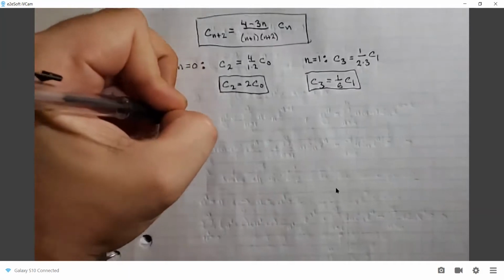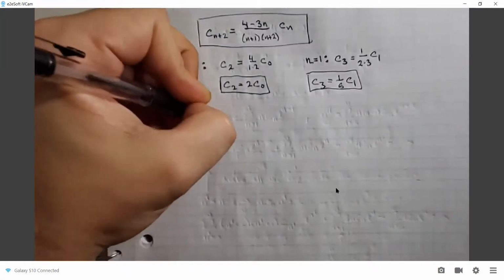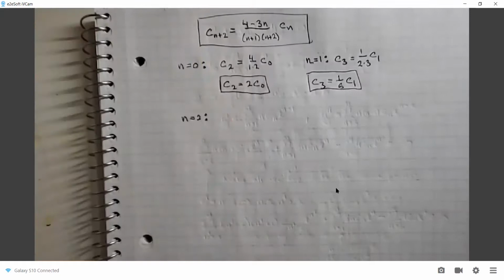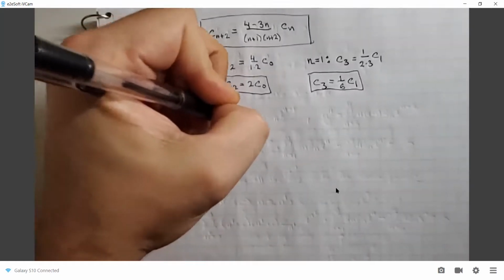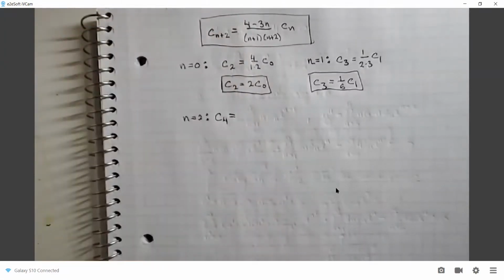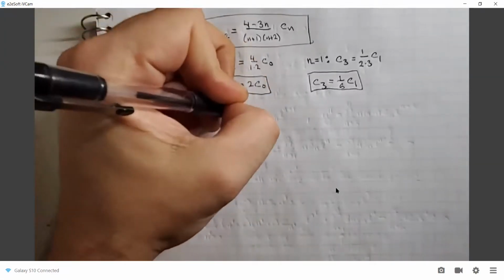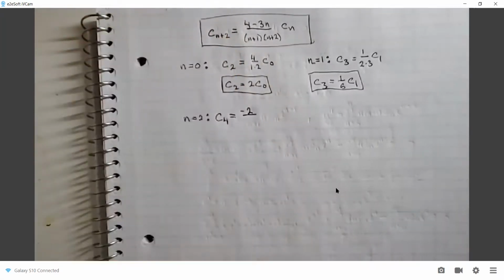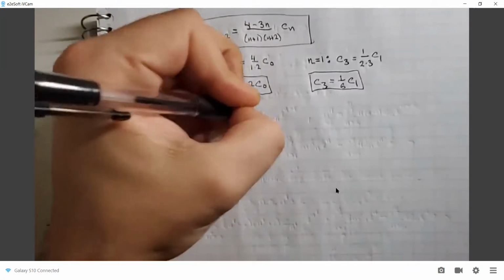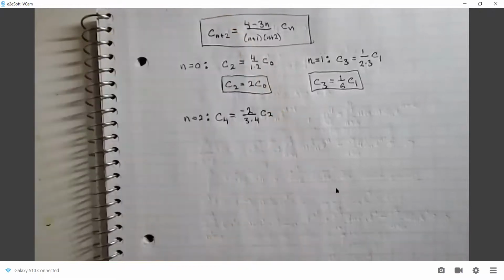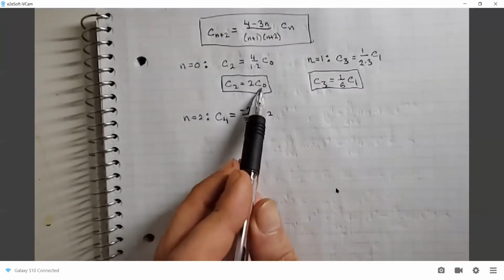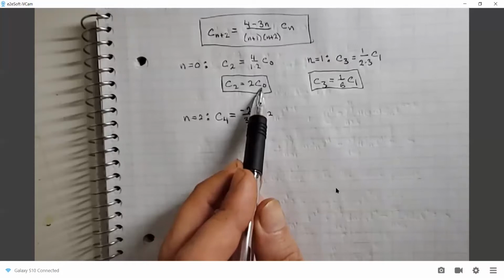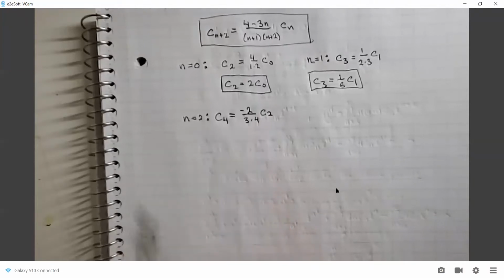So n equals 2. What is that going to give us? C sub 4 equals -2 over 3 times 4 times c sub 2. And of course, c sub 2 was already 2 times c sub 0, so we could substitute that in.